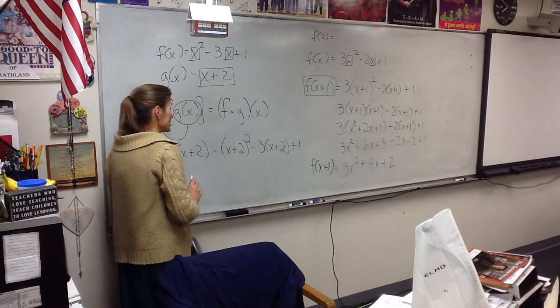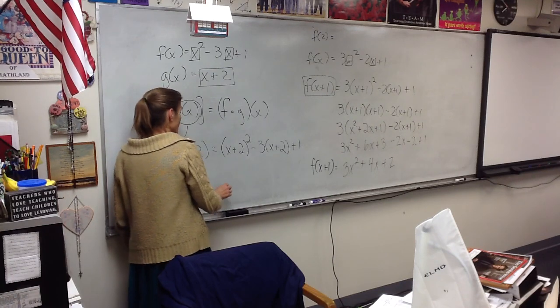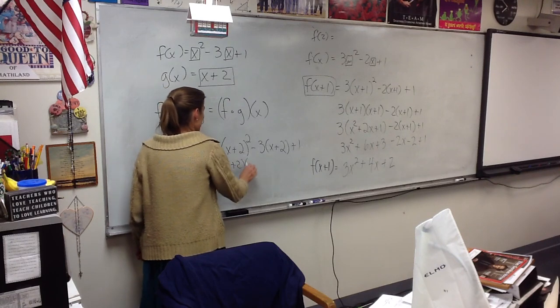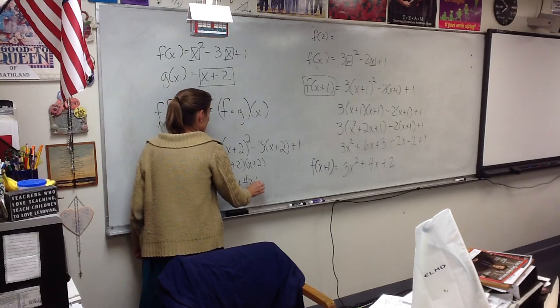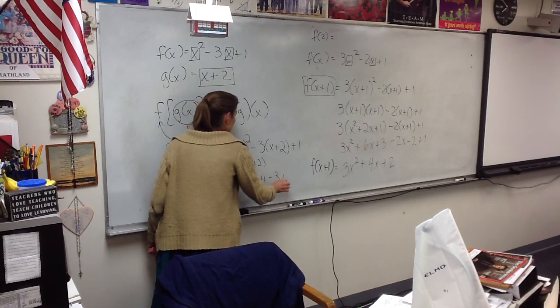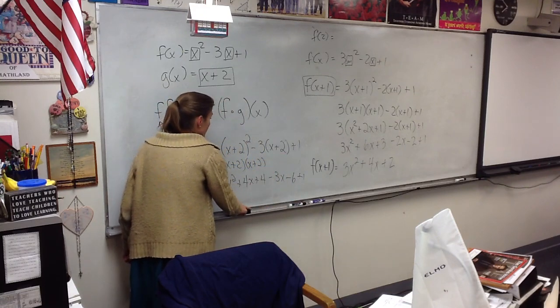So what are we going to do first here? FOIL. So that's going to be x plus 2 times x plus 2. So that'll be x squared plus 4x plus 4 minus 3x minus 6. Watch that negative there that needs distributed.